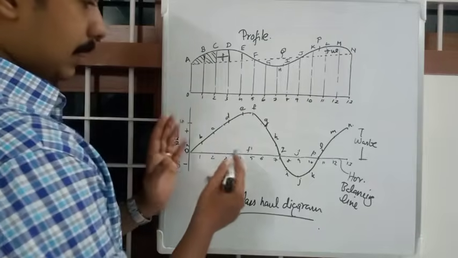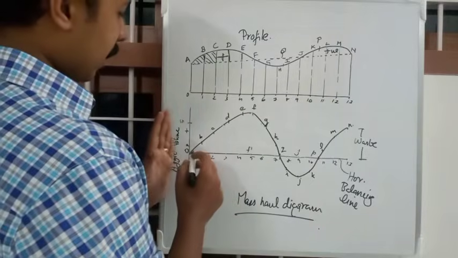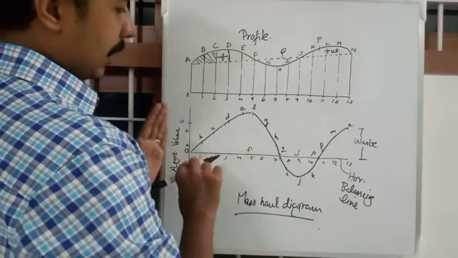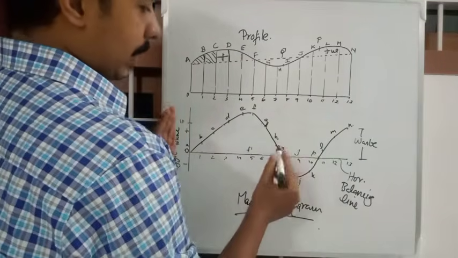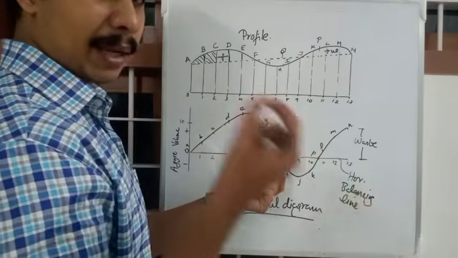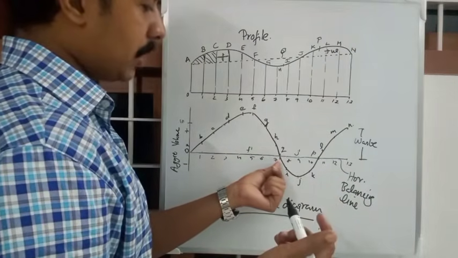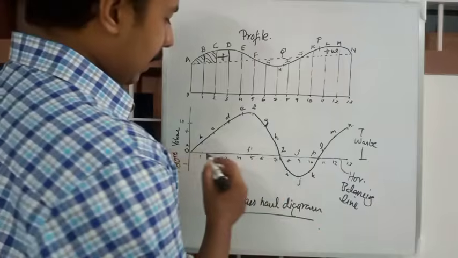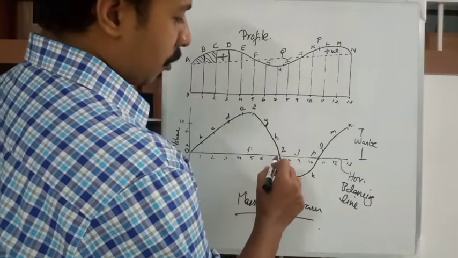I think this point I mentioned earlier. From A to Q, we are moving forward only. When we reach Q, the volume of air becomes 0 in the truck. Till Q we were moving forward comfortably.